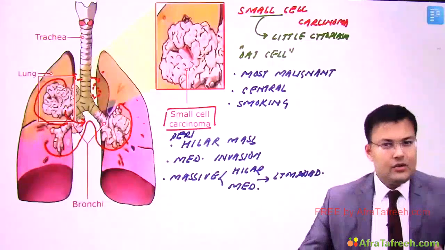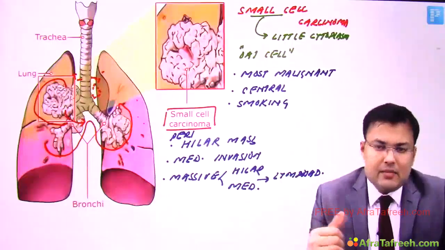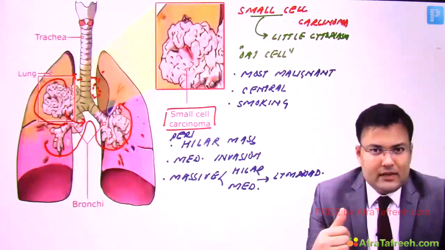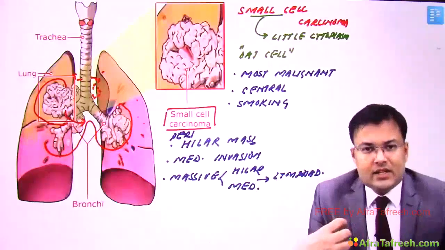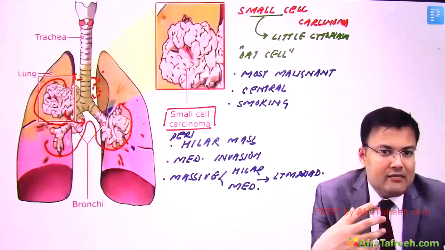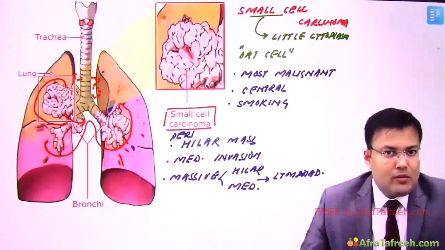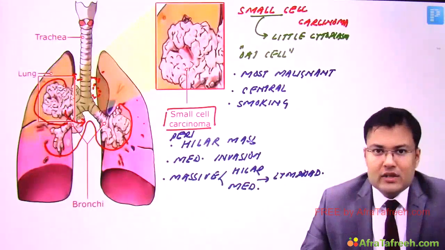This question was asked in one of the exams: a patient had carcinoma lung, and when the surgeon was doing dissection, there was a large hilar mass with mediastinal invasion and massive hilar lymphadenopathy. Most probably what type of malignancy is this? Small cell carcinoma.